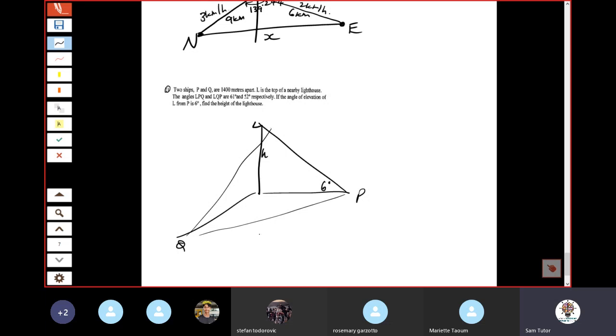Two ships P and Q are 1,400 meters apart. L is the top of a lighthouse. It has to be 3D because I've got this vertical side here for the lighthouse. The angle LPQ, this angle in here of this triangle, I'll just highlight it so it's easy to see, is 61 degrees.